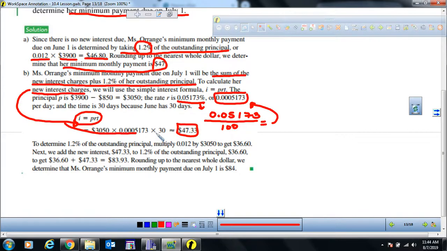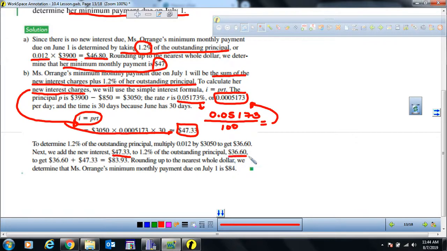Okay, that's it. To determine 1.2% of the outstanding principal, multiply 0.012 by the outstanding principal, $3,050, to get $36.60. Next, we add the new interest to the 1.2% of the outstanding principal.